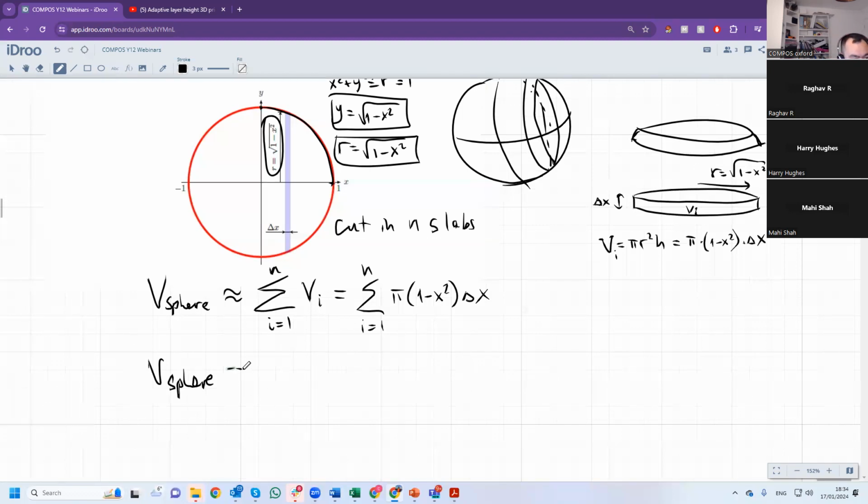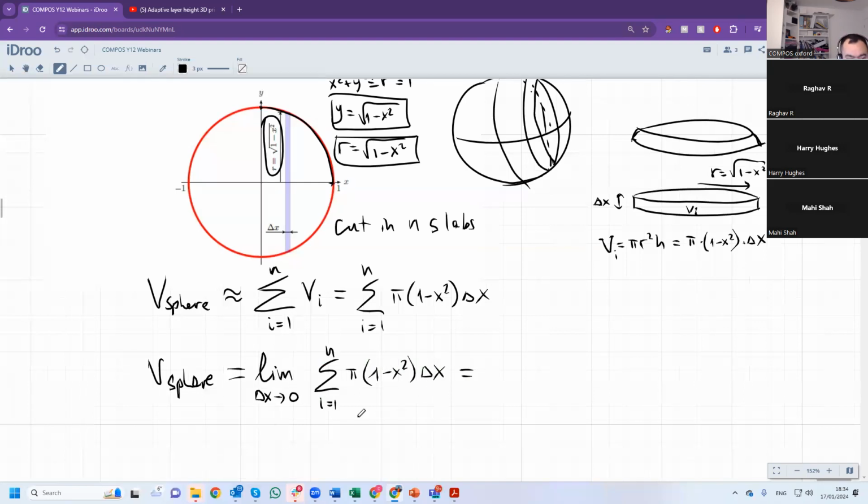So the volume of the sphere is exactly equal to the limit as delta x, the thickness of the slab, tends to 0 of the sum from i equals 1 to n of pi times 1 minus x squared times delta x.